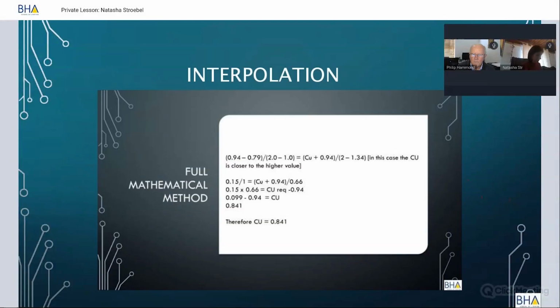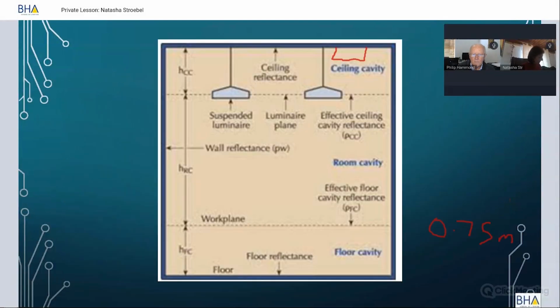So if we do like the PR361. Remember that drawing? Yes, I can see it. The suspended ceiling, there's the fitting. Your 361's a high bay, isn't it? The 361 is an LED high bay, yes.